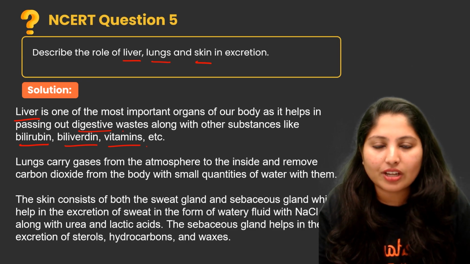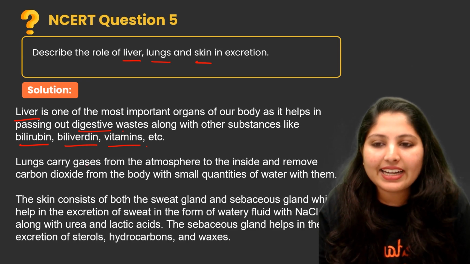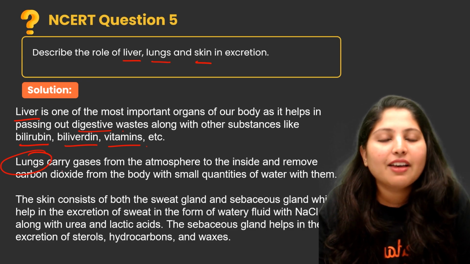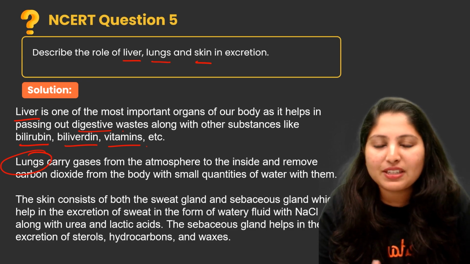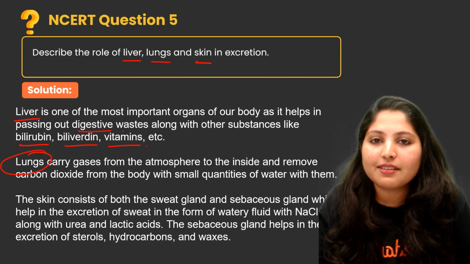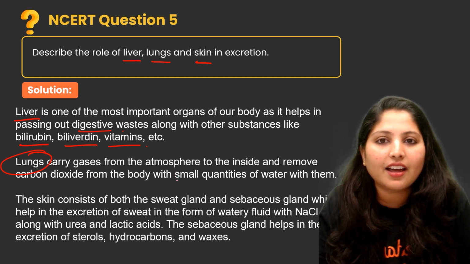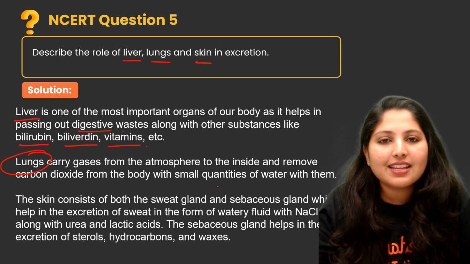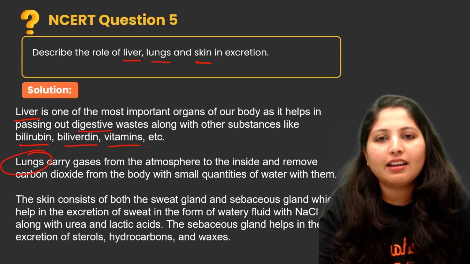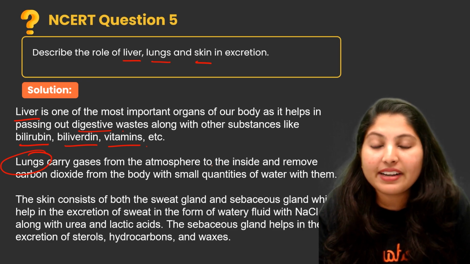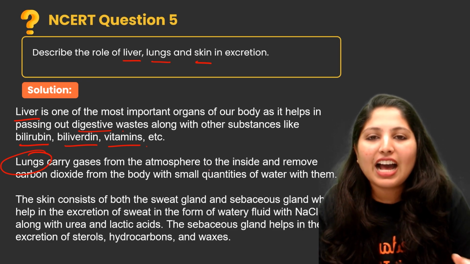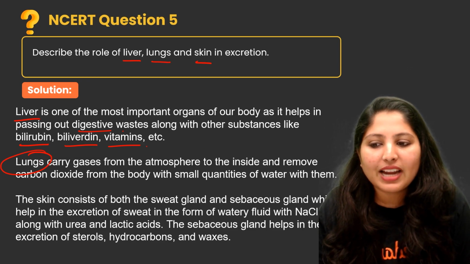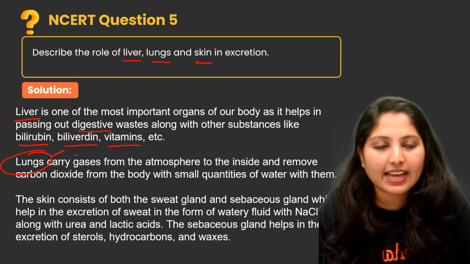That oxygen is carried by the lungs, so the lungs carry the mixture of gases from the atmospheric air. From the lungs, diffusion happens and carbon dioxide is released out. This carbon dioxide goes out through the nostril. So the lungs help in the exchange of gases.